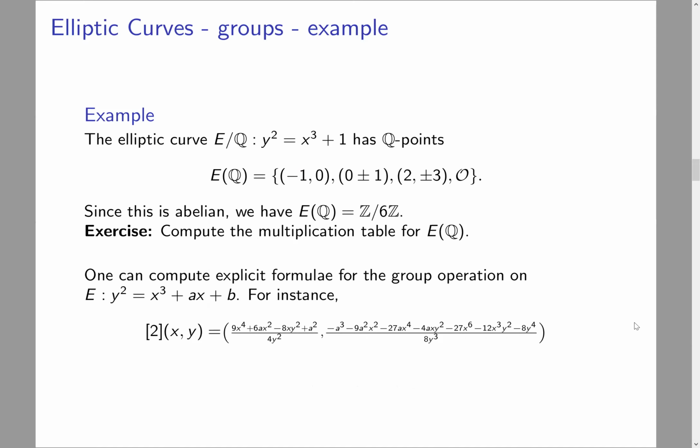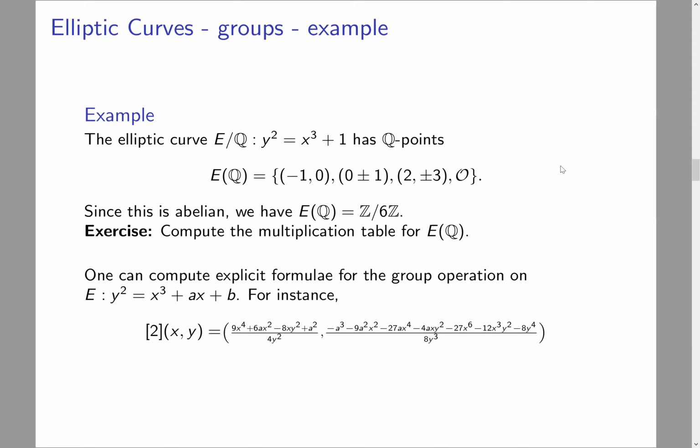So a is 0 and b is 1. And I claim that its Q points, its rational points, are exactly the ones we worked out earlier. It's those 5 points that satisfy this affine equation plus the point at infinity. So this is a group of order 6. It's a commutative group, so it must be Z mod 6Z.